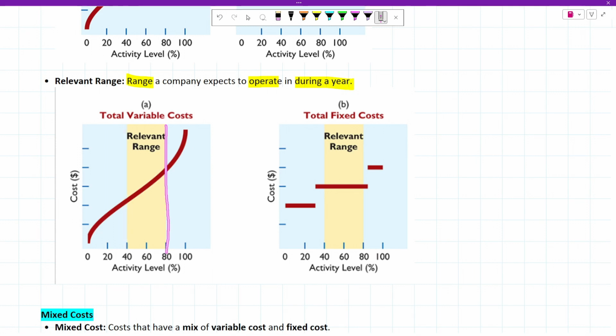We expect to hit a low of 40% in our activity levels and a high of 80%, and we expect to be in between those two. The same thing for our total fixed costs: our relevant range will be from 40 to 80 and anything in between.